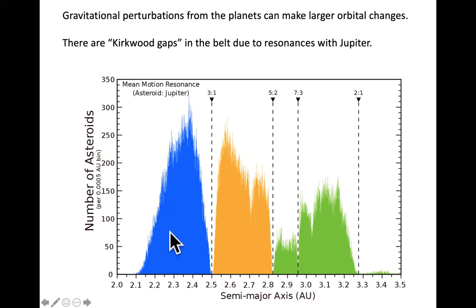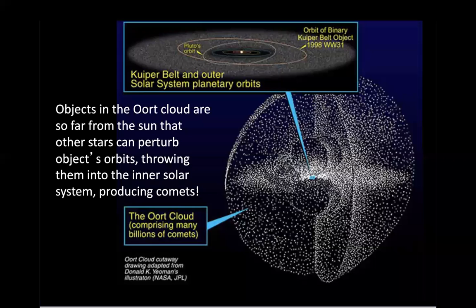It will start having an orbit that oscillates back and forth and gets closer and further from the sun, getting it onto orbits that can cross the orbit of Mars or Earth or Jupiter. So that combination of slow evolution and then resonant interactions can throw asteroids into the inner solar system.